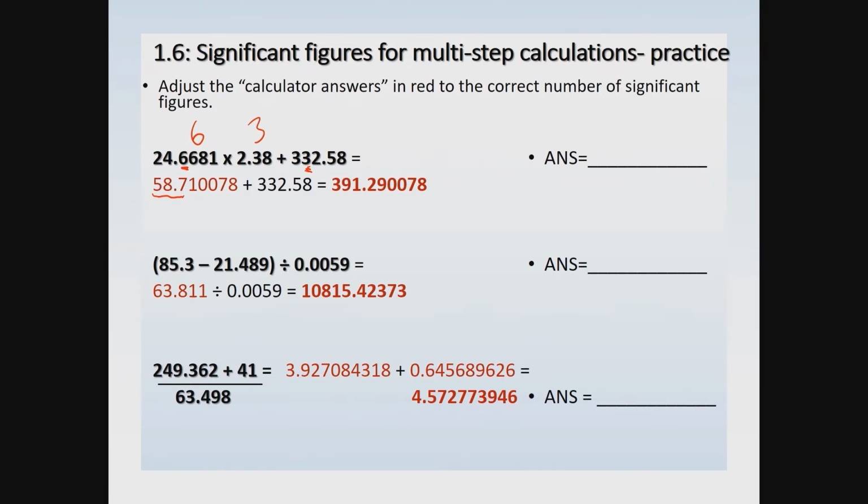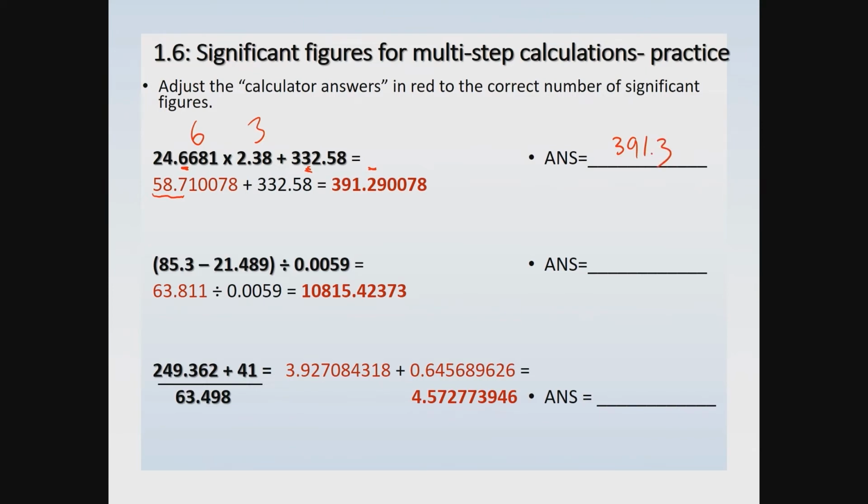And so what we need to do is round that number there, 391.290078, so that the last digit will be in the 10th place. And so what we do is we look to the next digit over, and we can see that it is above a 5. So we want to round the 2 up to a 3. So the answer should be 391.3.